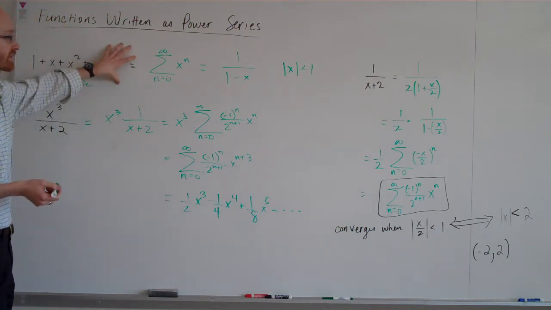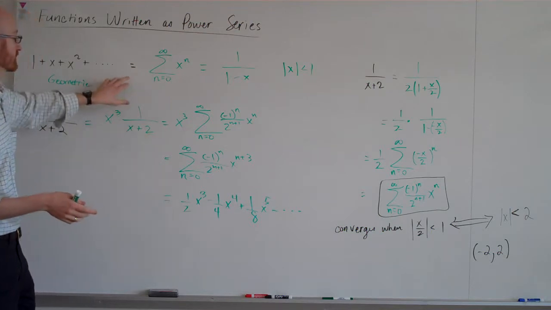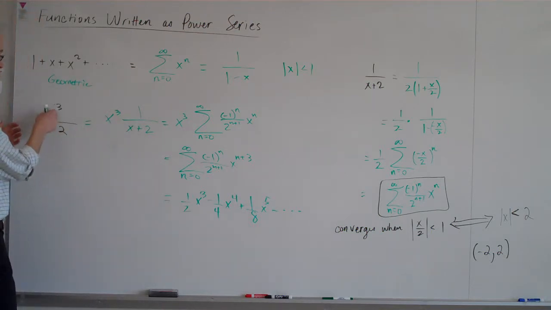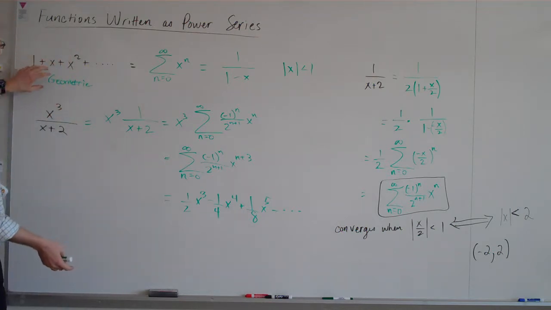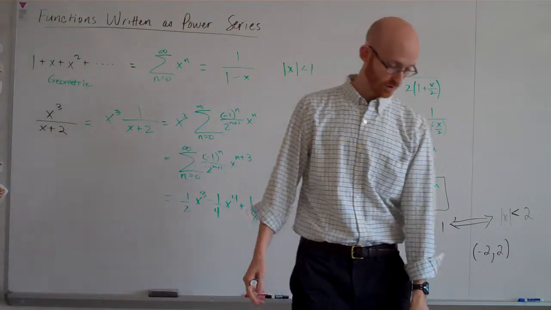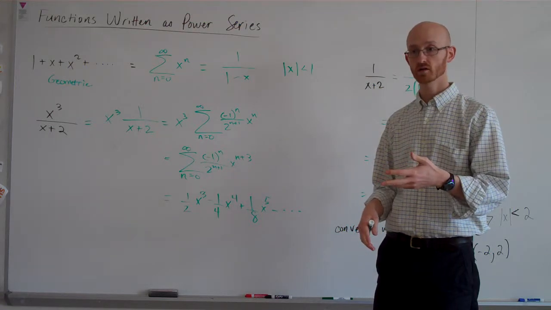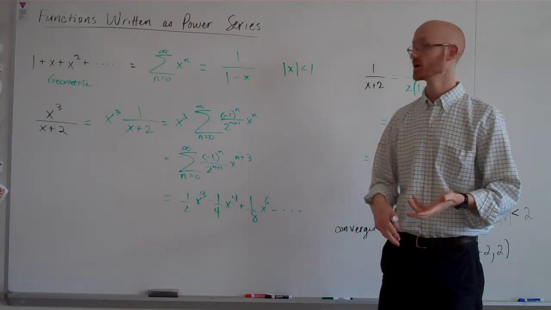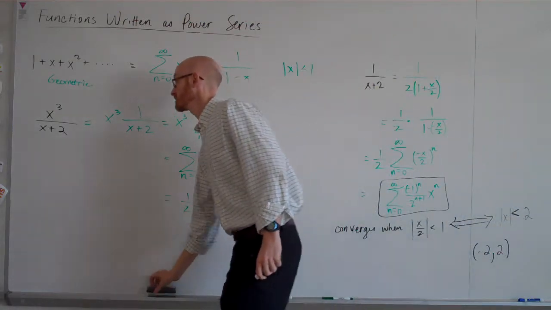So we started from that, and we've had a few different things tangentially related to it. And now we're at x cubed over x plus 2, which you might think of as some sort of familial cousin to this series. So we're going to endeavor soon to take on more complicated functions that aren't necessarily related to this. And that's what Taylor series will help us do.